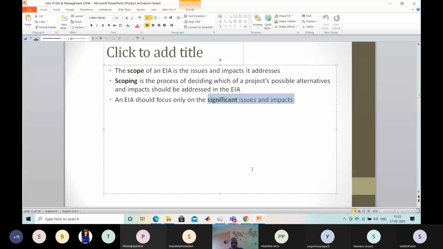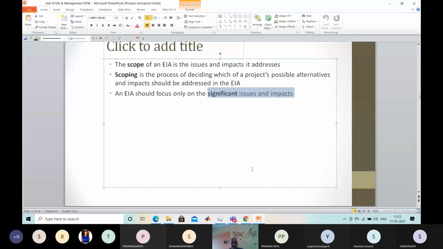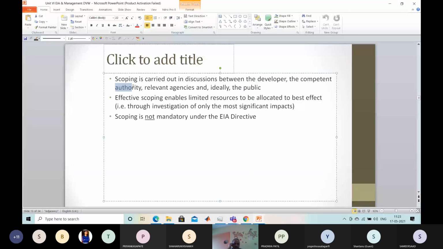After that, the scoping is carried out in discussion with the developers, competent authority and relevant agency, and ideally publicly. So scoping is carried out in discussion between the developers and the particular authority and agencies and public to decide whether we can go for the project or not.